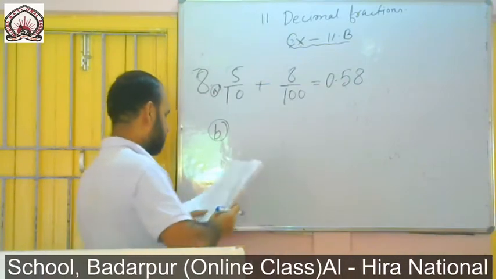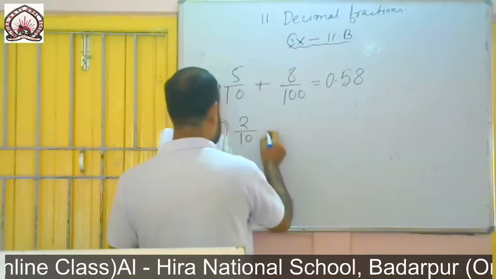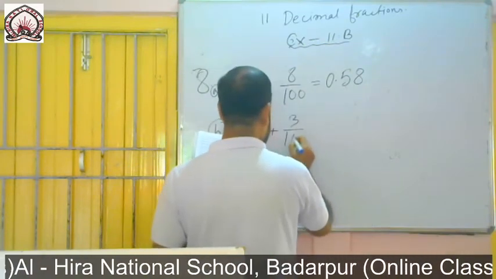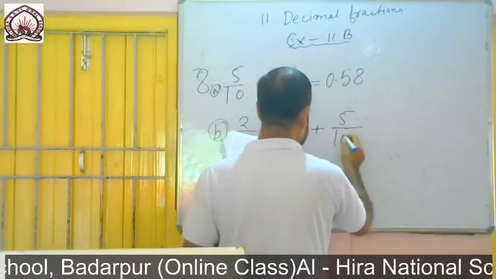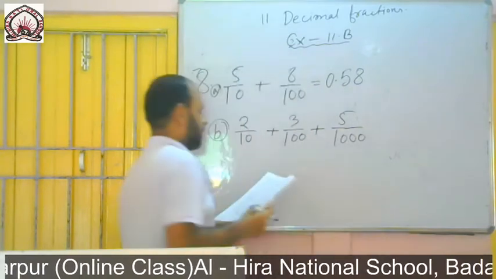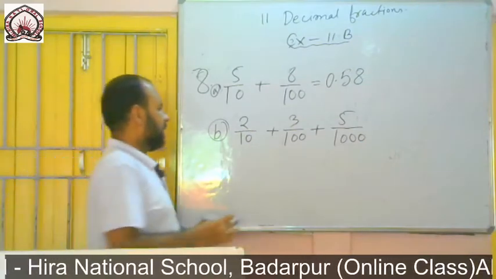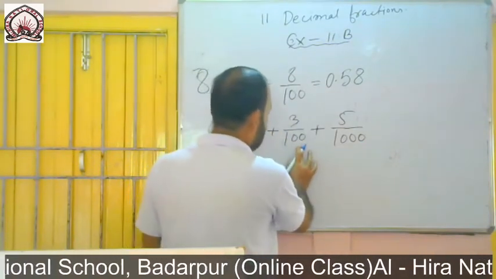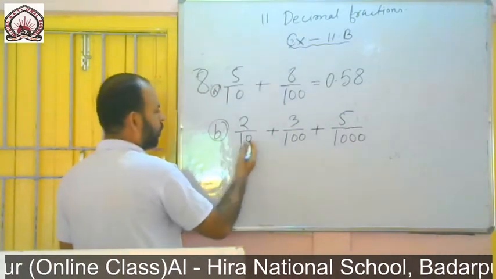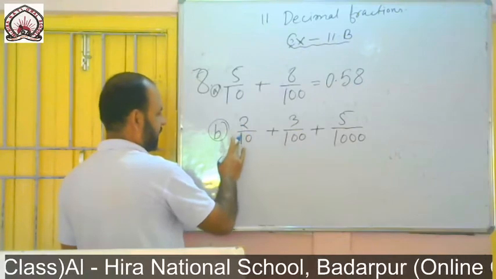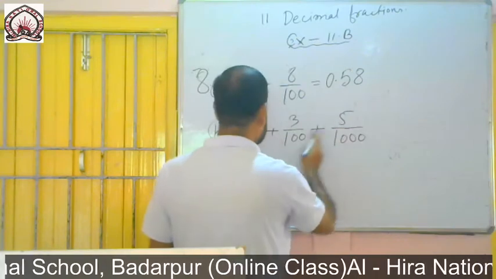Next, question number B. 2 by 10 plus 3 by 100 plus 5 by 1000. So here all are decimal parts, because it is tenths, hundredths, thousandths.